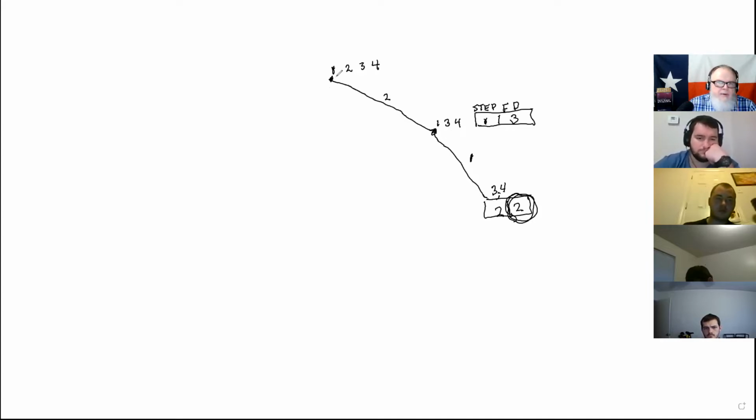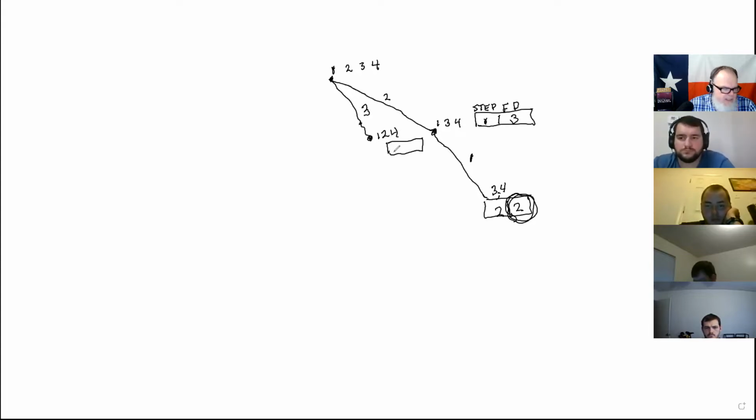So now we come up here and let's get rid of 3, first of all. And so now we just have the numbers 1, 2, and 4. And it turns out that here, in this example I'm making up as I go, in step number 3 we have a Fisher distance of 4.